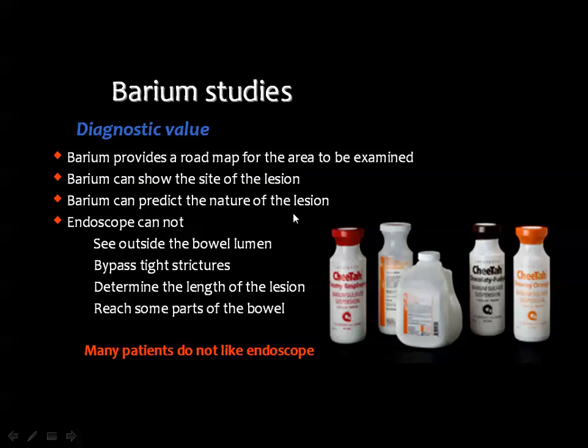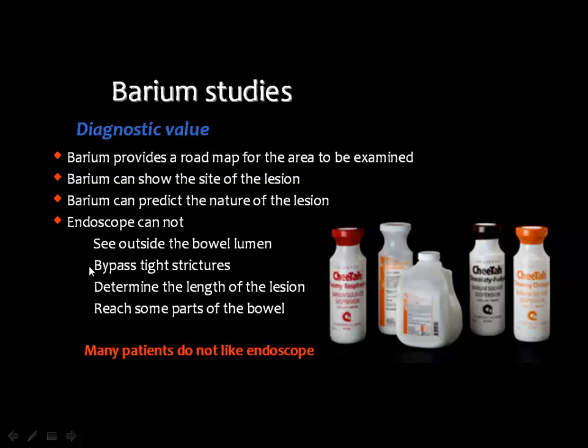Sometimes it can say that, and in many cases the endoscope usually cannot see outside the bowel lumen. You know that the endoscope sees only inside the bowel, but barium can see inside and outside.